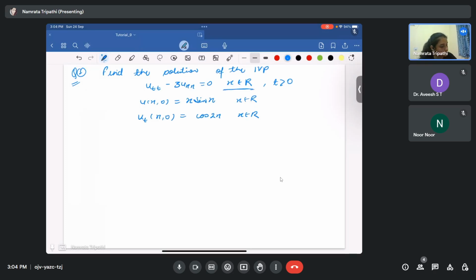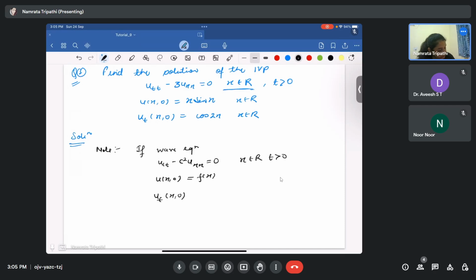Okay, first of all I am going to write the formula for the condition when x belongs to R. These are the initial conditions.